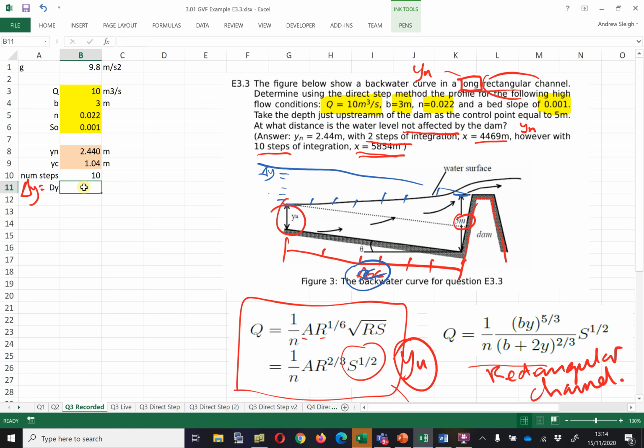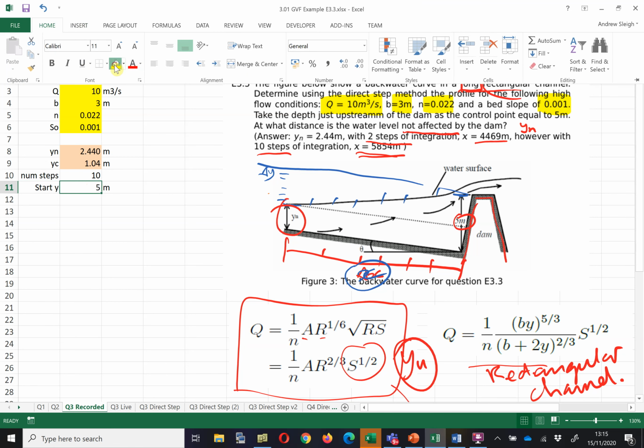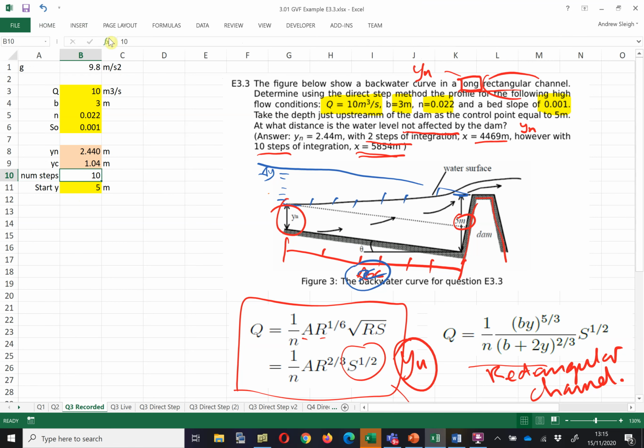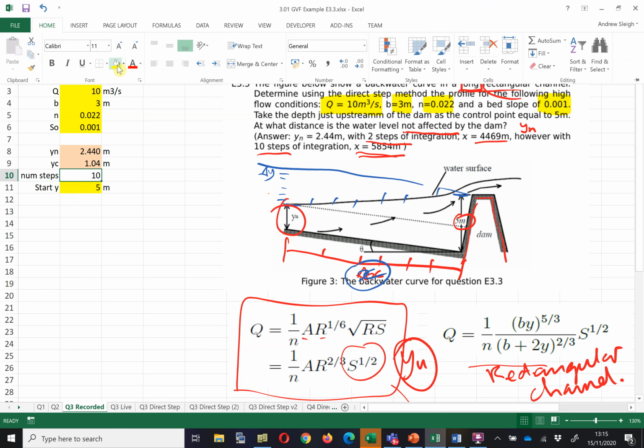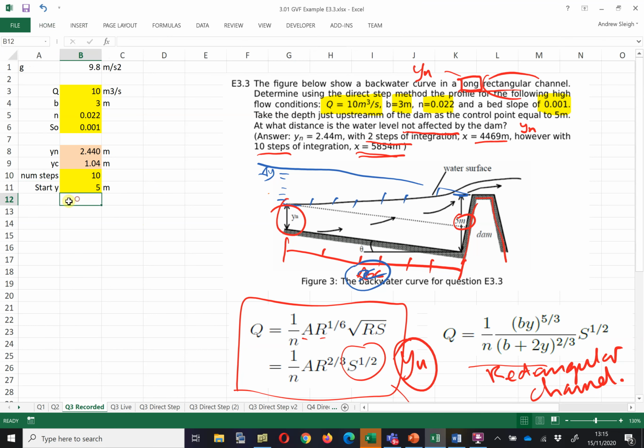So delta y here will be the calculation from 5. Let's fix this properly. Right, start y is 5 meters, and I'm going to colour that in yellow to be a standard. 10 probably also in yellow because that's a standard. We may change it a bit later.